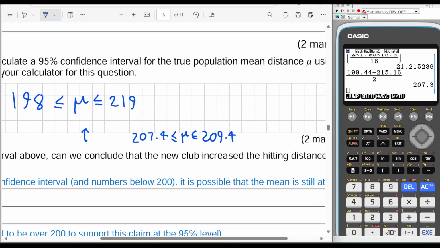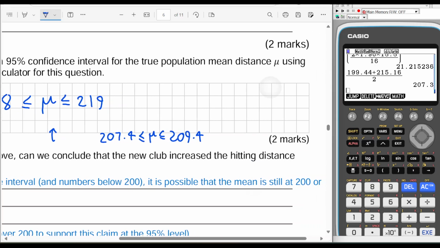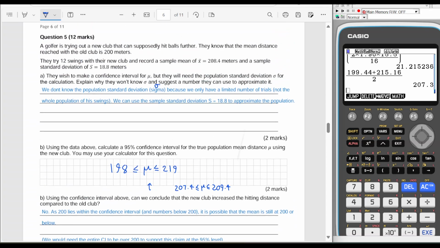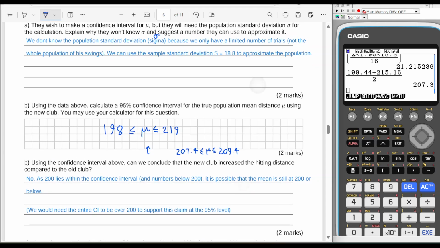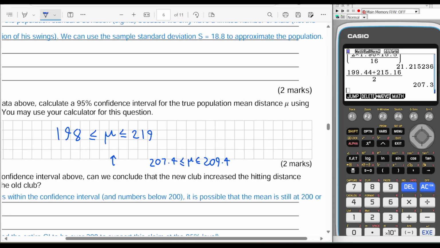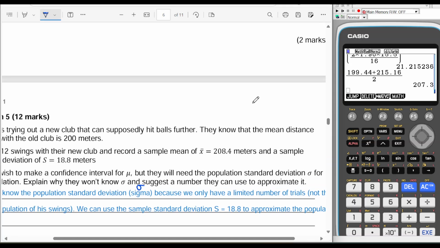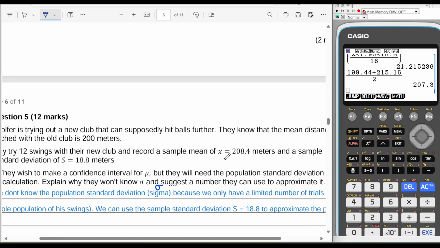Now, I'm hoping you can see why that's a really bad idea, because 208.4 was the sample mean, but he's only done 12 swings. If he does another one, it's probably going to change the sample mean. In theory, you could say, let's pretend I used 1,000 samples, and then your confidence interval is really skinny. That defeats the whole purpose of doing a confidence interval.